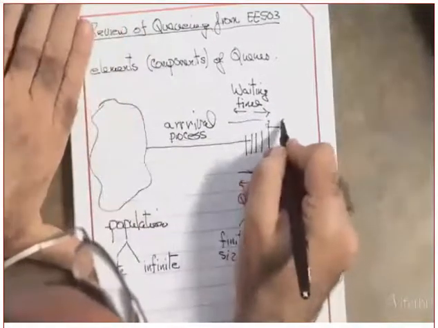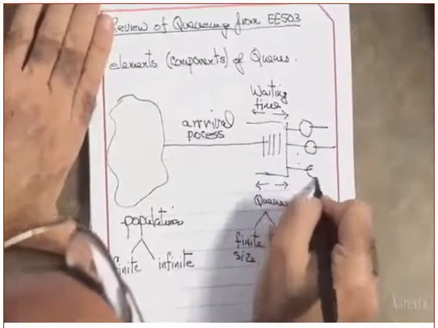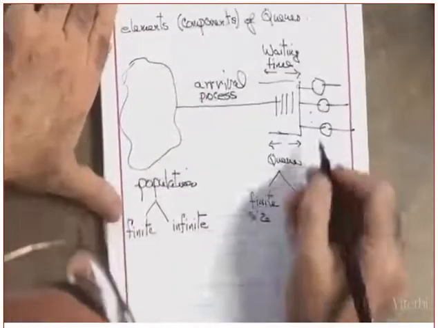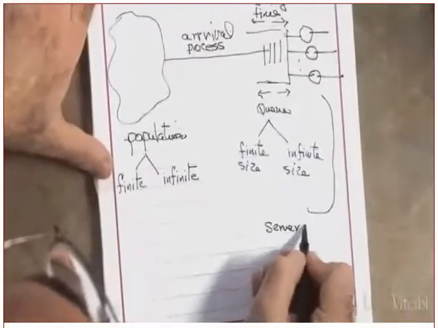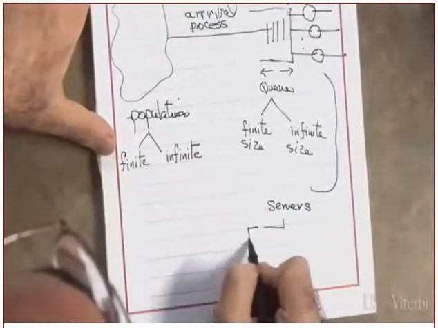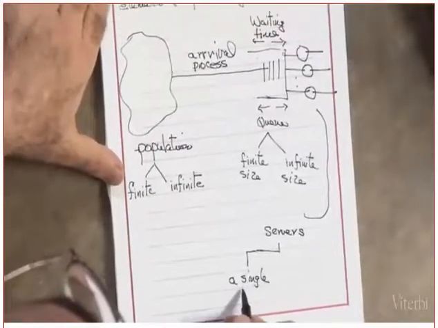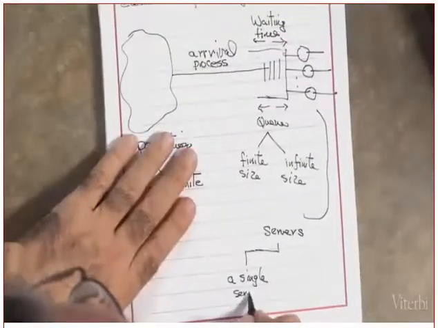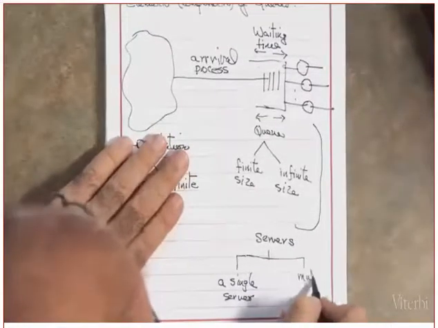And then what is the other one? These are the servers. And again, here we do have, for example, a single server. Here we do have multiple servers.